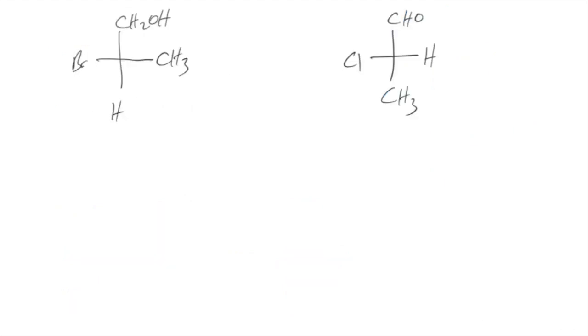Now I'll also go through how to figure out whether our Fischer projections are R or S. If you're going to figure out R and S, you have to do the same thing you would always do, and that is figure out your priorities. So if I look at this left one, bromine would be 1, hydrogen would be 4. I've got carbon and carbon, which are both the same, so keep going to the next atom. Here I have oxygen, here I have hydrogen, so this one is 2, and this one is 3.